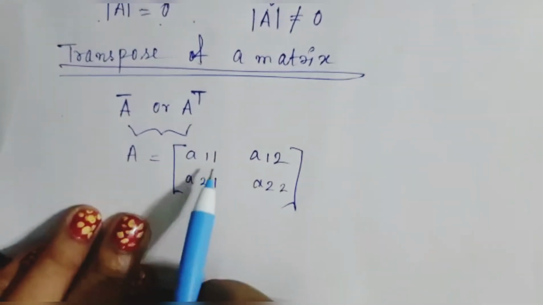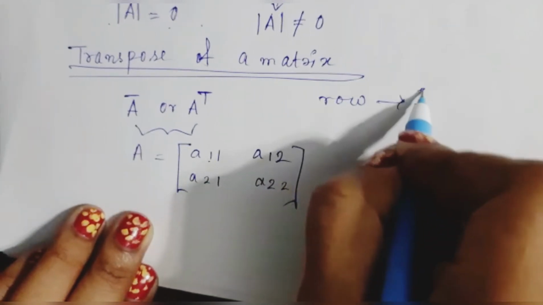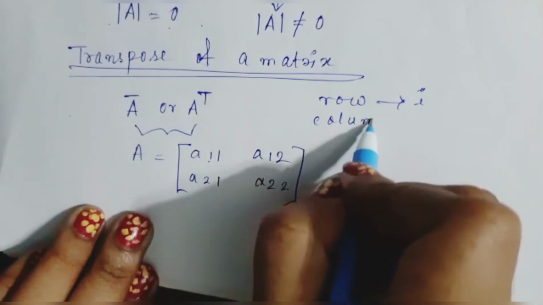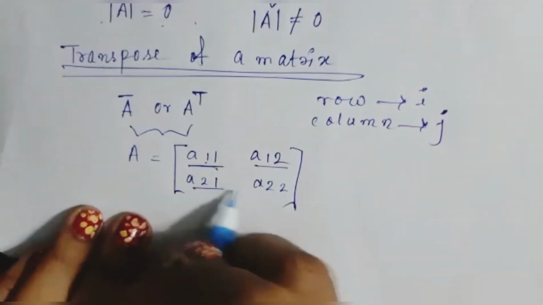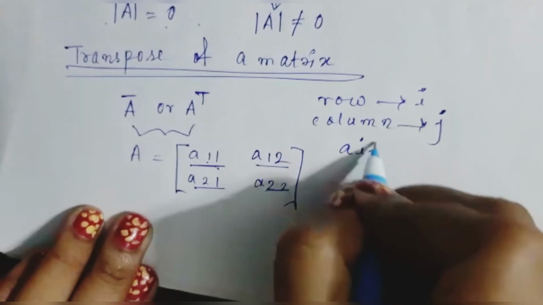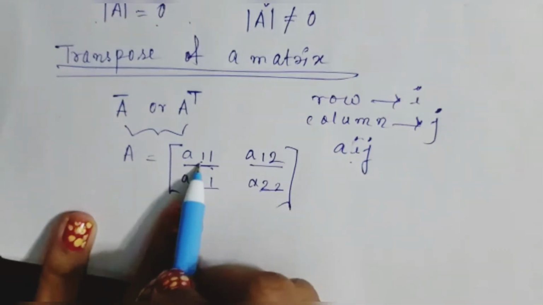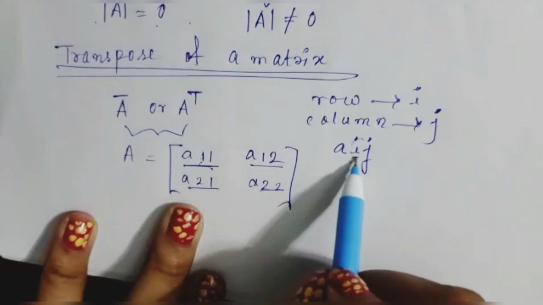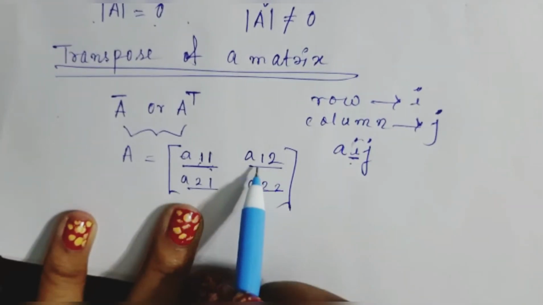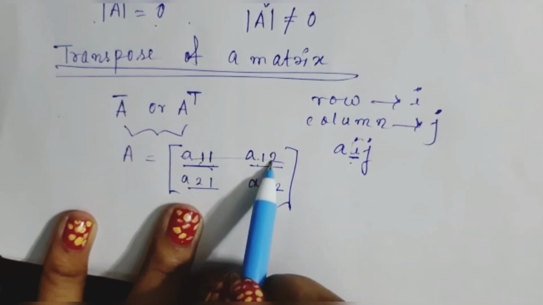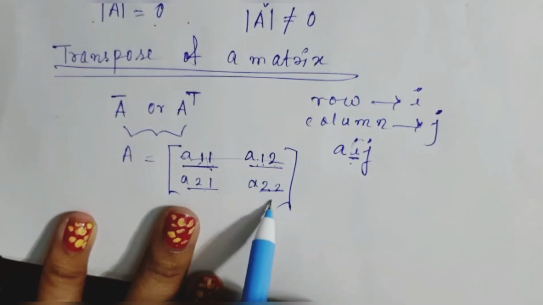One more thing: the row, if you denote it by I, and the column by J, then when you write the elements, you write A I J. Here the first row means I is 1, and the first column means J is 1. For this one, it is the first row but the second column, so A 1 2, like this you will represent.